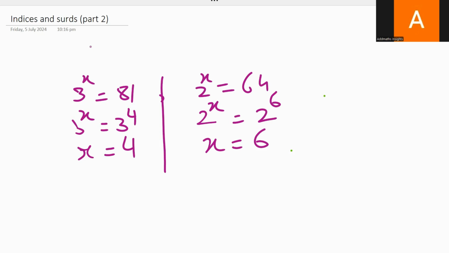Now I give you more examples. We solve questions from the exercise.